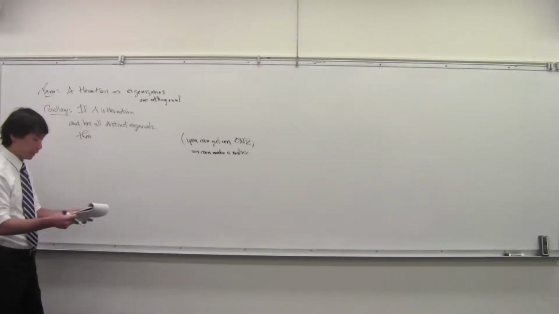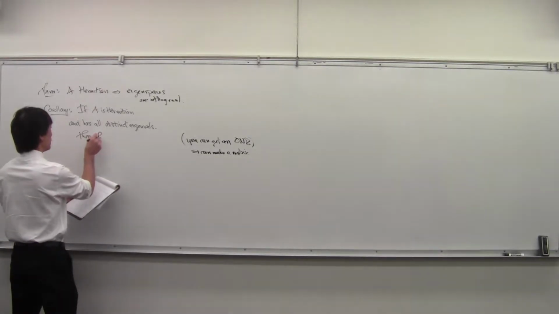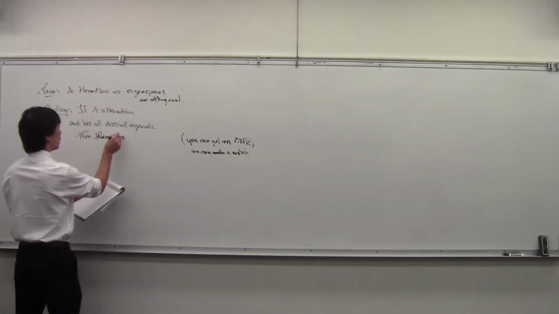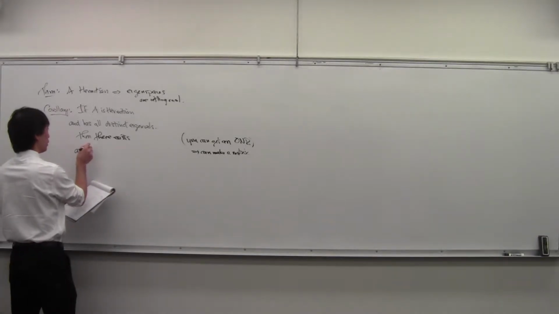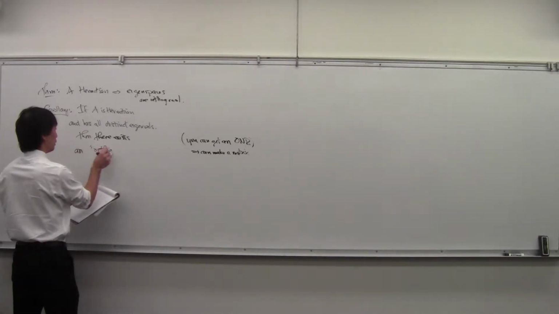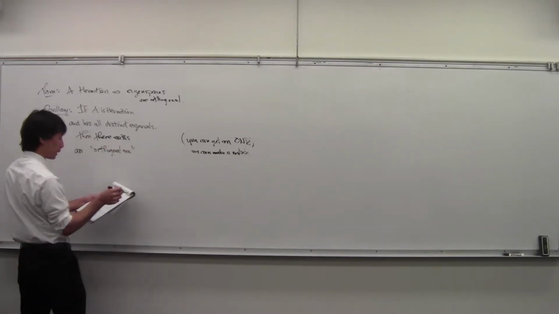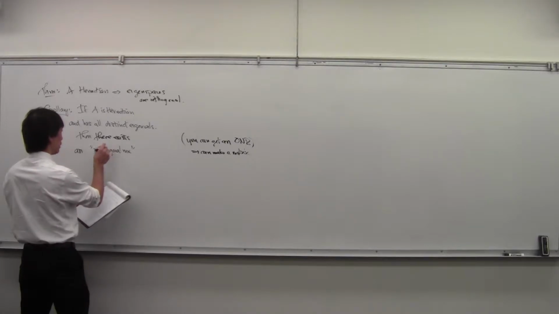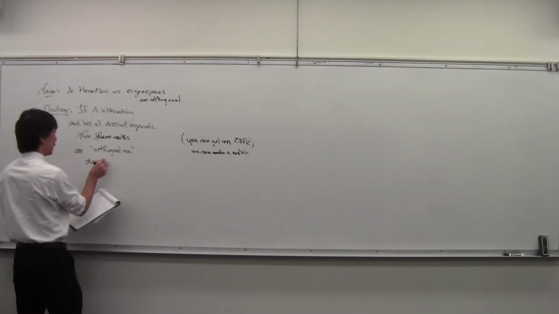So there exists an orthogonal matrix diagonalizing A.